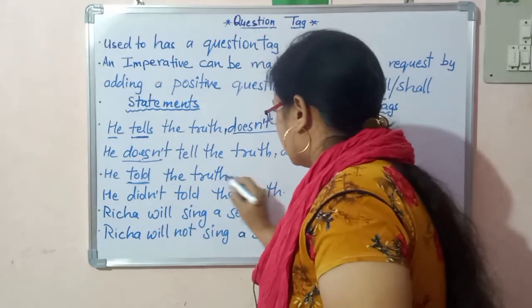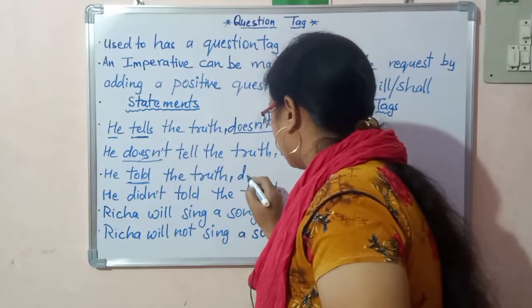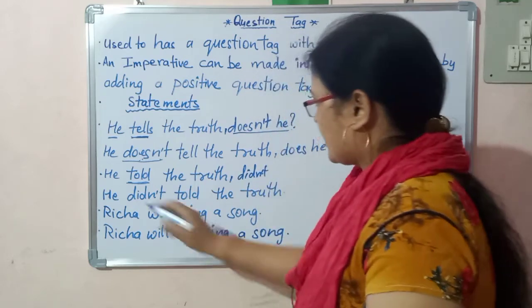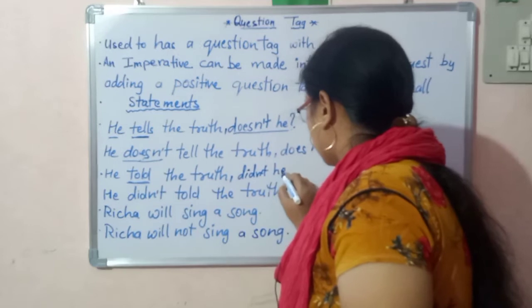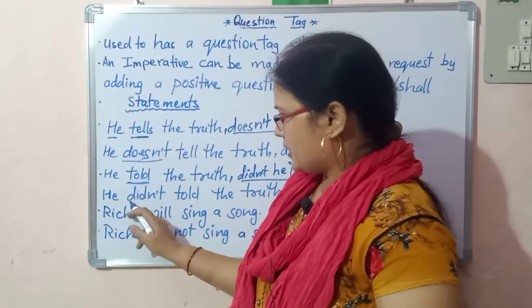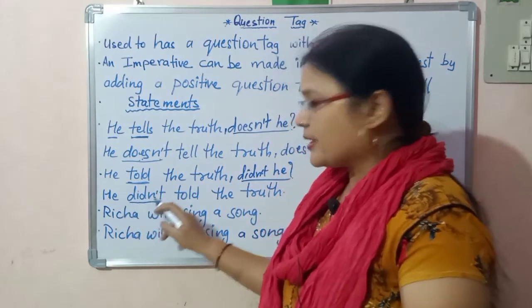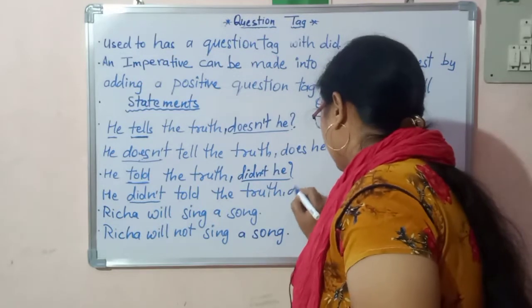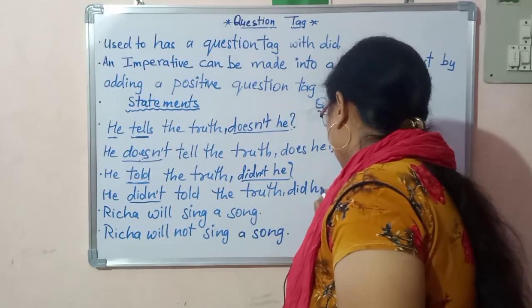So did, statement positive, tag will be negative. Didn't he? Next you can see there didn't, statement already negative, so tag must be positive. Did he?